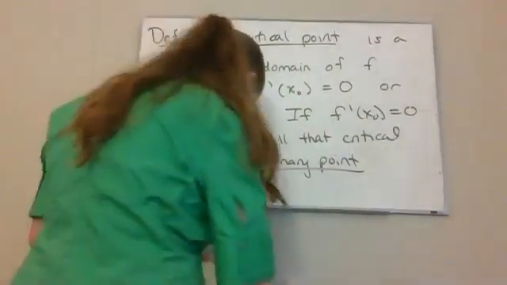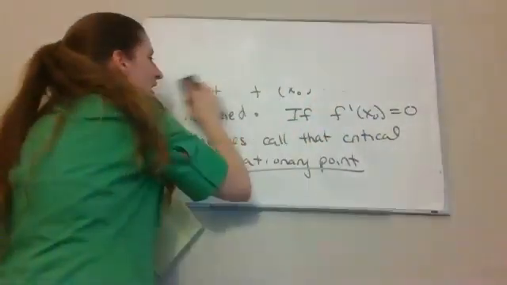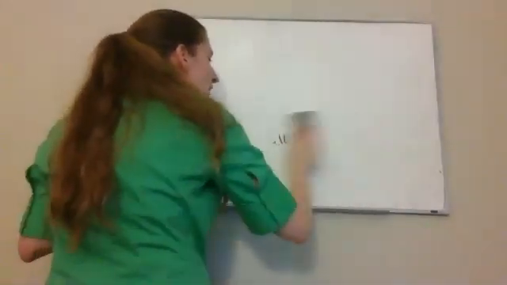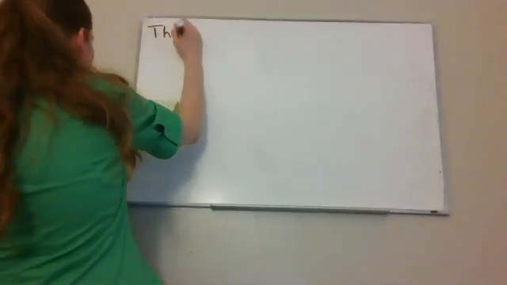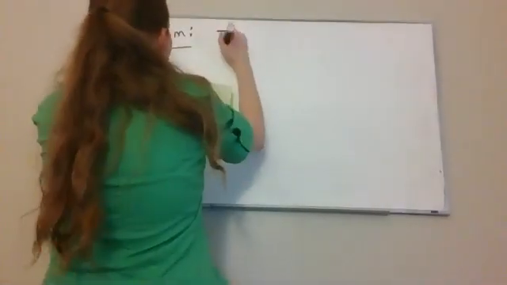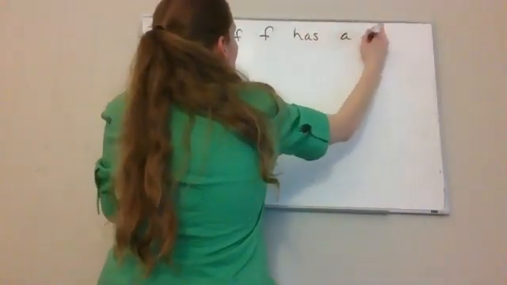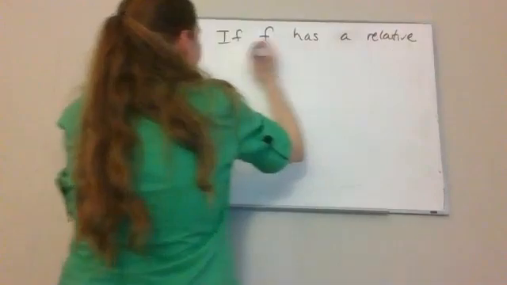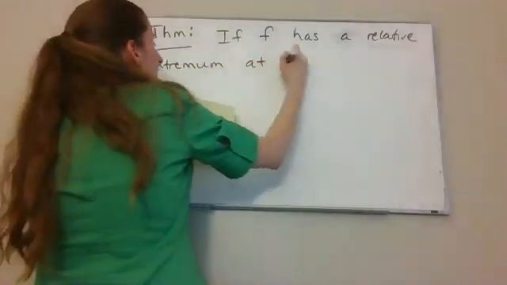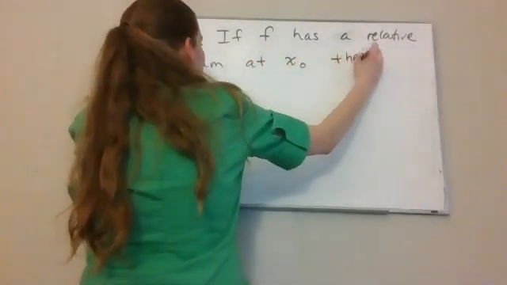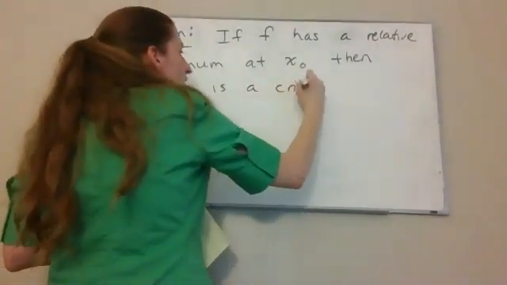So why do we care about these critical points? Well, because if there happens to be a relative maximum or relative minimum, it's going to occur at one of these critical points. That's our theorem. If the function has a relative extrema, so again, that's a relative max or a relative min, at x0, then x equals x0 is a critical point.